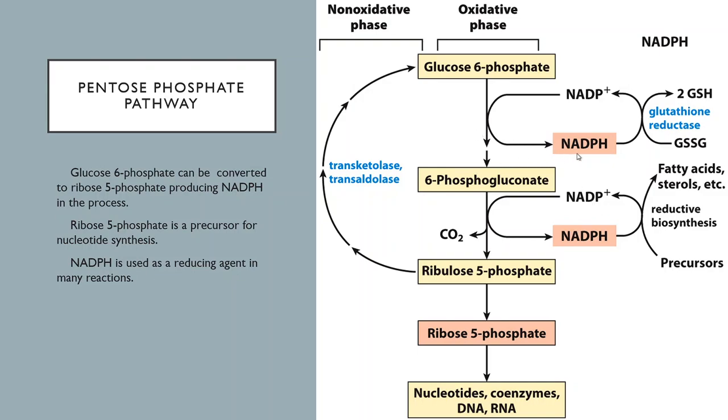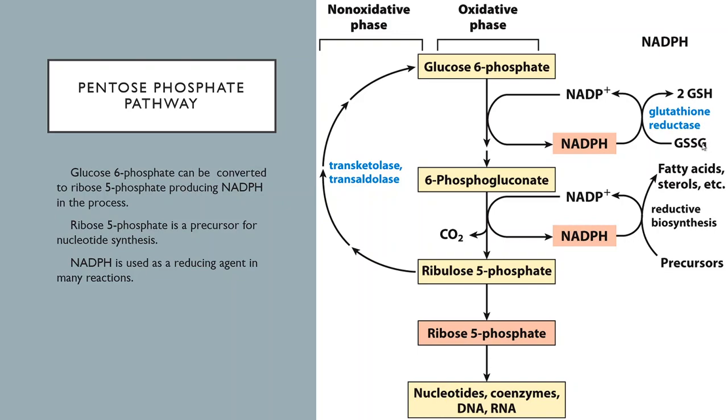And then NADPH, which is the reduced form, is an important part of other reactions. So, for example, this enzyme called glutathione reductase breaks down this molecule here called glutathione. It's GSSG. The S is for sulfur, so it basically has this disulfide bond inside of it.